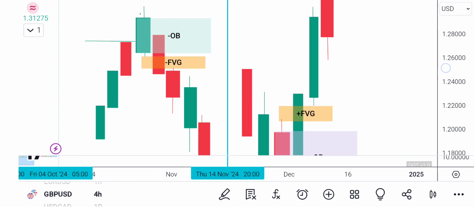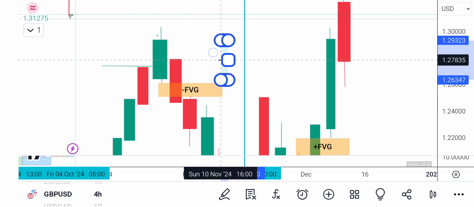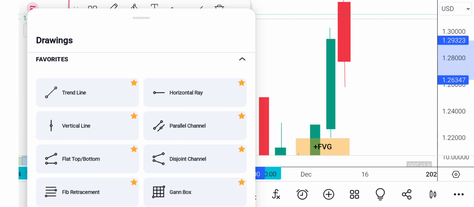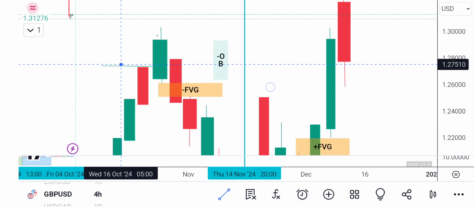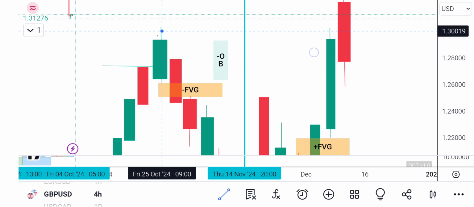For example, for a candle to be considered a bearish order block, the first thing is that it must have taken liquidity above an old high. You see, this is an old high here. We must have seen price trade above this old high by this candle.